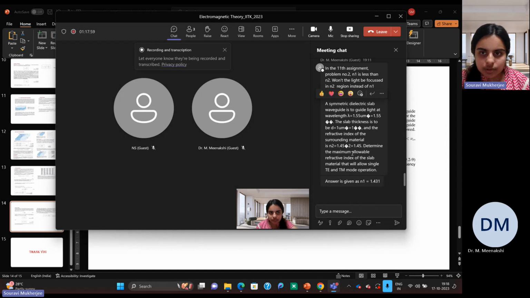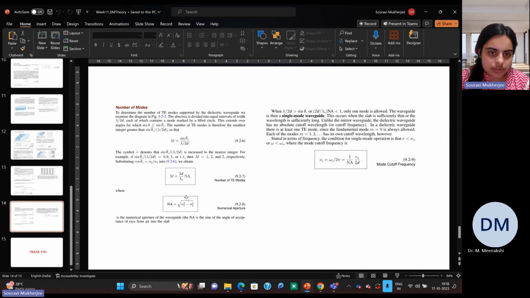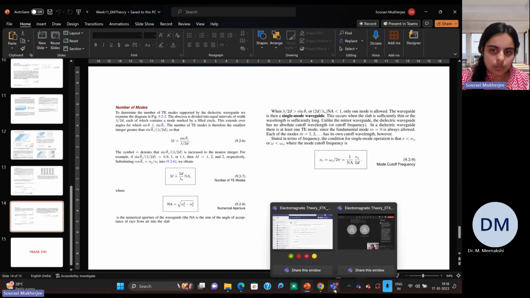So all the values are given. You have to find N1, where N2 is already given. Just use this relation. All other terms are known, and your capital M is 1 because it supports only one mode.